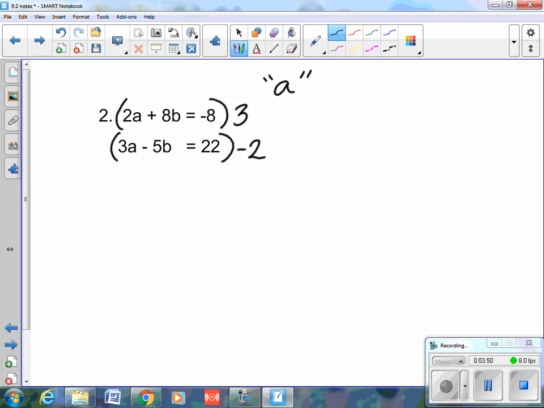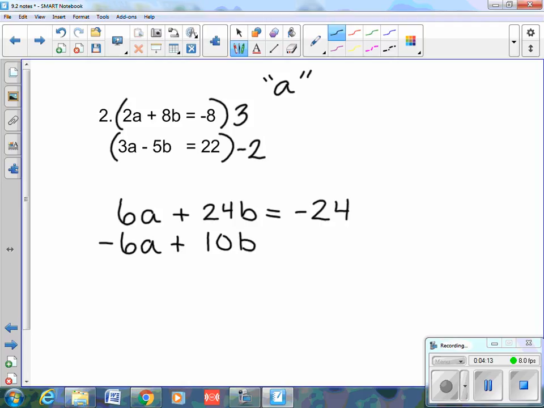You got to go slow. You can easily make a mistake on this. 2a times 3 is 6a plus 24b equals negative 24. Okay, now I'm going to multiply the second one by negative 2. Negative 6a positive 10b equals a negative 44.